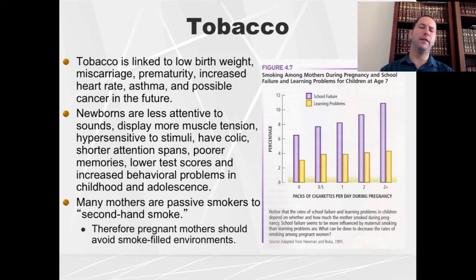So you're probably thinking, well, if coffee you could have up to 3 cups, maybe a glass of wine is fine, but that's not true. According to the Center for Disease Control, there is no safe amount of alcohol. When should you stop, right?